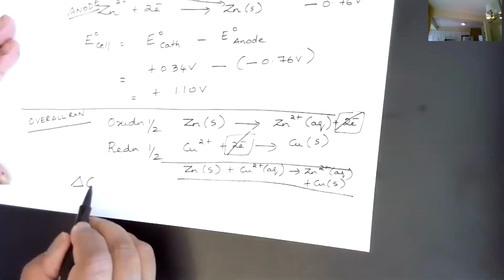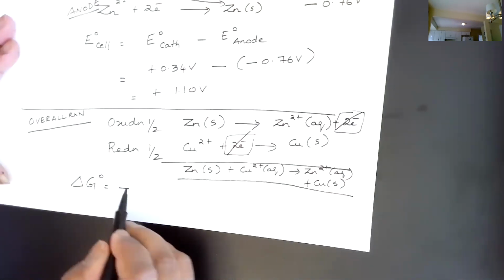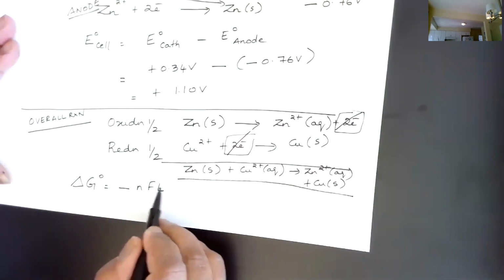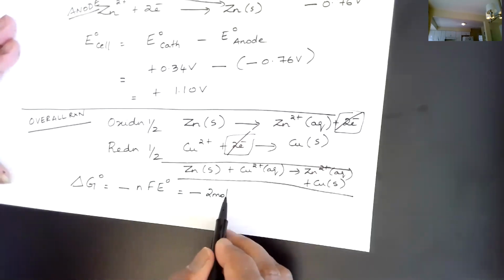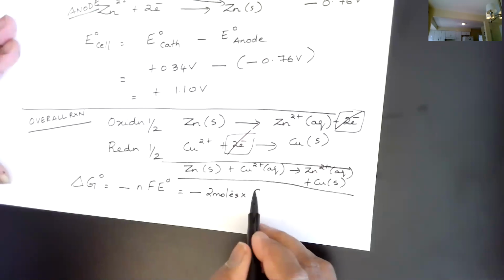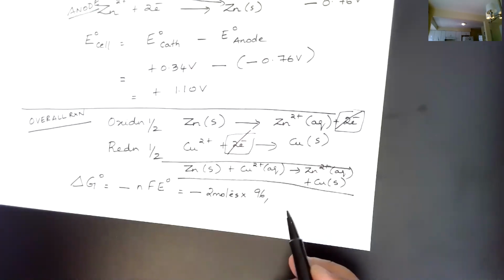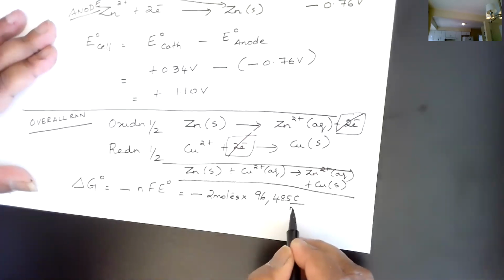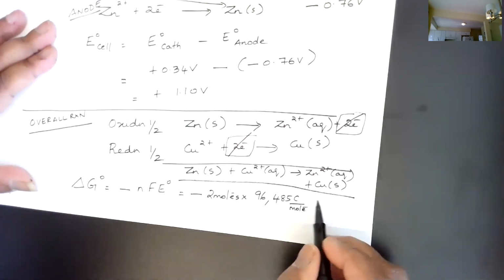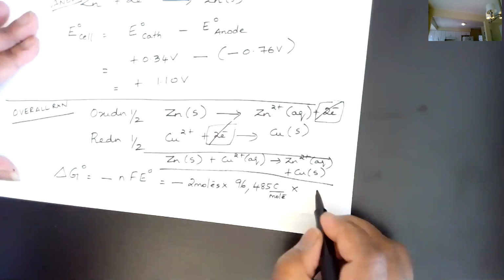So what is delta G0? Minus nFE0, minus 2 moles of electrons multiplied by 96,485 coulombs per mole of electrons multiplied by the 1.10 volt.